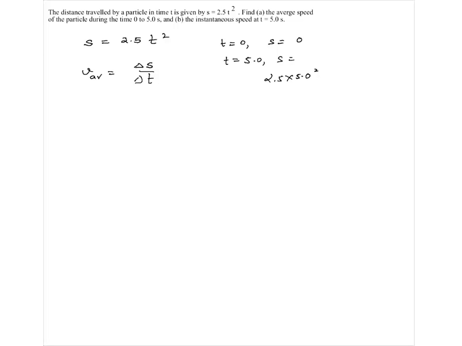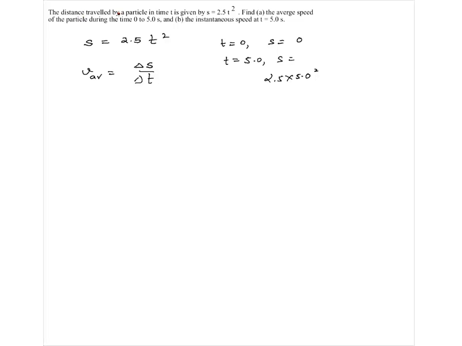It is often convenient to think of S as position. In fact, I would like this word here: the position of a particle in time t is given by this.